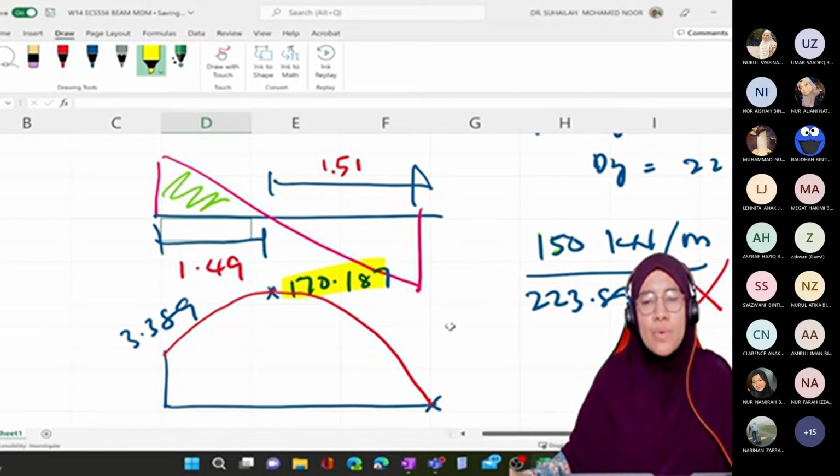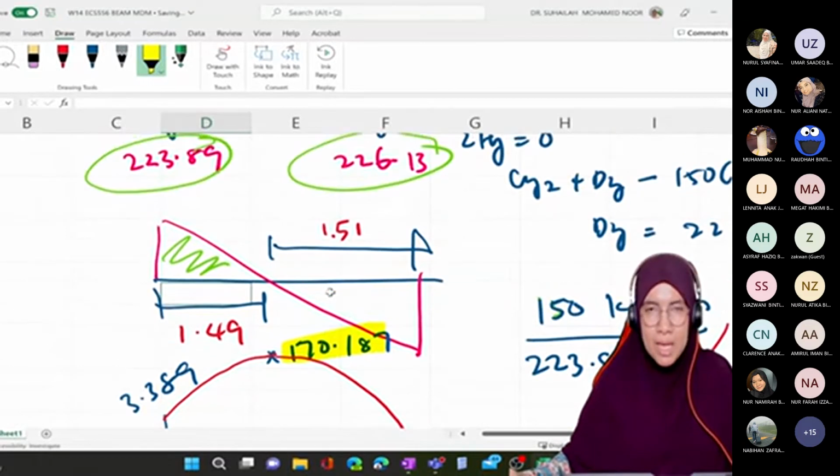Okay, this is how we identify the maximum moment, which occurs at member B, member CD because of the UDL.